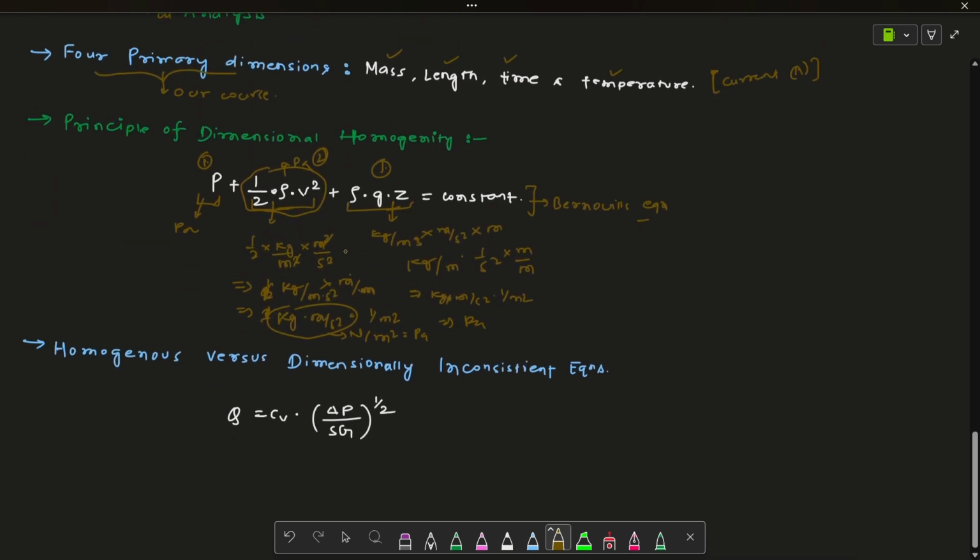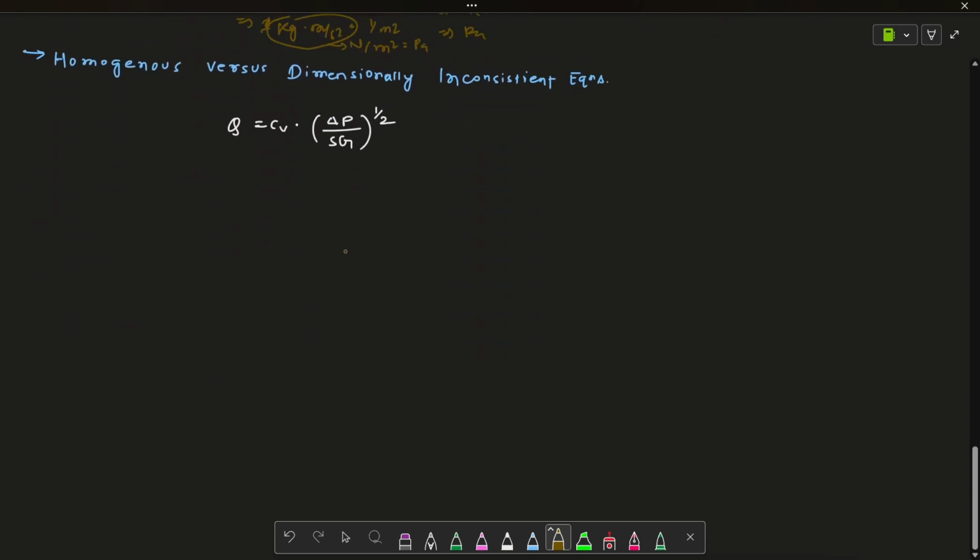Now another topic is homogeneous versus dimensionally inconsistent equations. I have written one example. This example is a formula that pipe valve manufacturers cite for liquid volume flow rate.